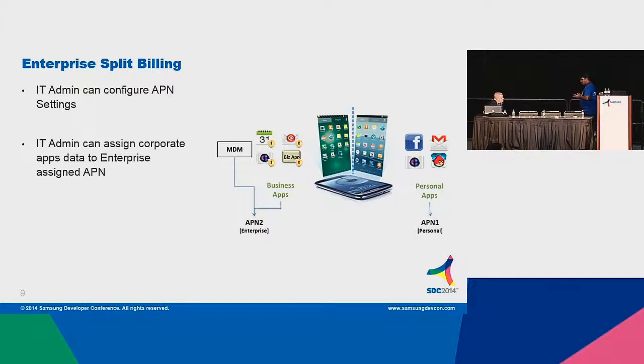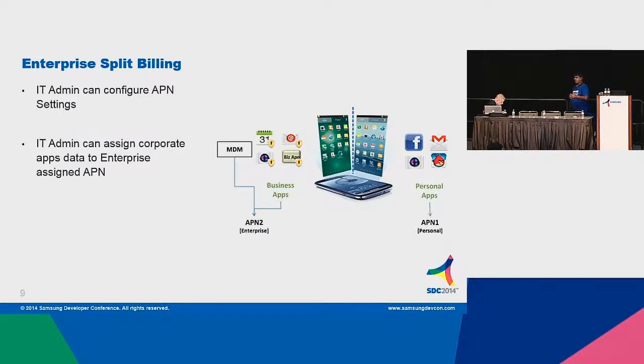The other feature that we recently introduced is enterprise split billing. There is a lot of legislation around the world with the BYOD strategy, wherein the user is accessing corporate data. If the user is accessing corporate data, the company should pay for the data they use for corporate purposes.